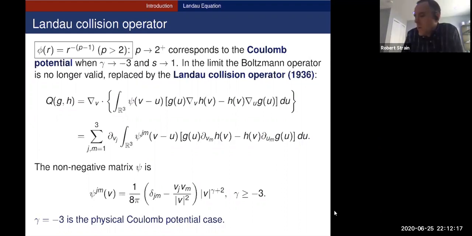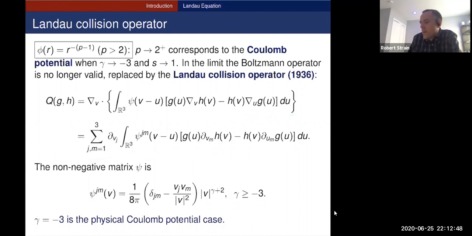And so he took a limit of the Boltzmann equation as p goes to 2, and you can derive this equation, this kernel. So Q(G,H) is the divergence in V of the integral over R^3 of phi times G(V*) [gradient of H in V minus H(V) gradient of G in V*] dV*, and this can be represented as sums.